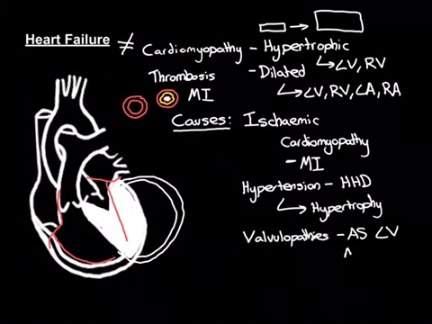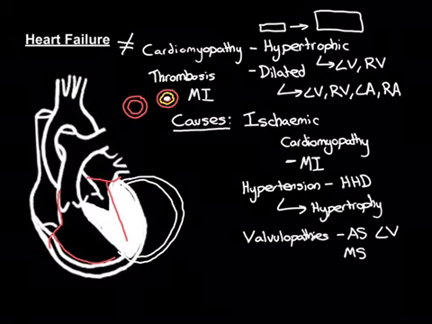Similarly, another example, mitral stenosis. If you've got stenosis of the mitral valve here, that's going to be meaning that the left atrium here is really straining to push blood into the left ventricle during atrial systole. And again, that can lead to changes in the muscle of the left atrium.